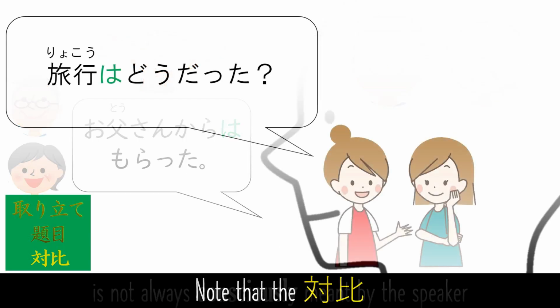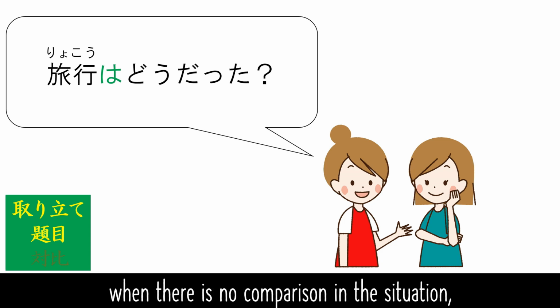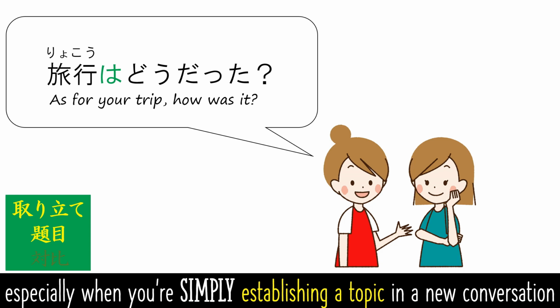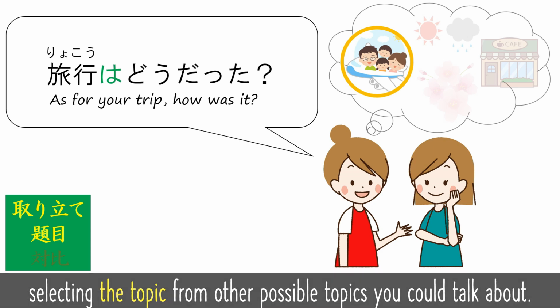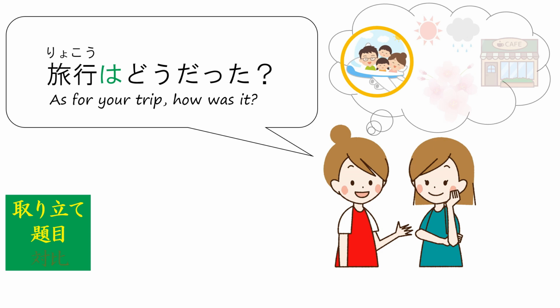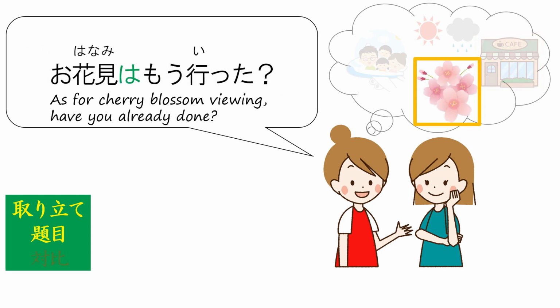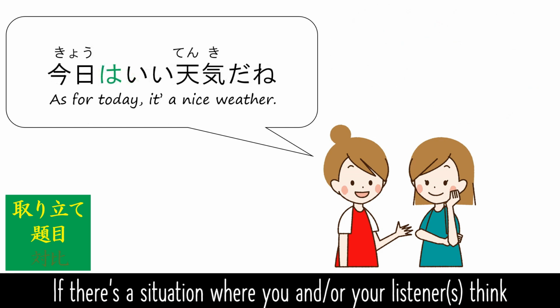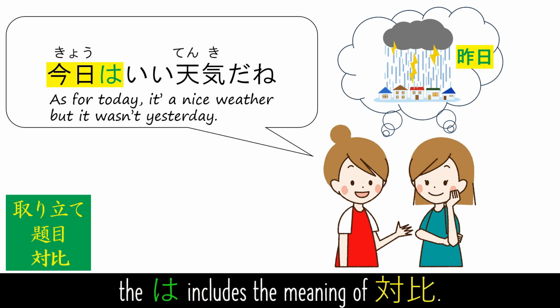Note that the 対比 is not always consciously meant by the speaker when there is no comparison in the situation, especially when you're simply establishing a topic in a new conversation, selecting the topic from other possible topics you could talk about. 旅行はどうだった？新しいカフェはどうだった？お花見はもう行った？ If there's a situation where you and/or your listeners think the selected topic has something to be compared, the wa includes the meaning of 対比.